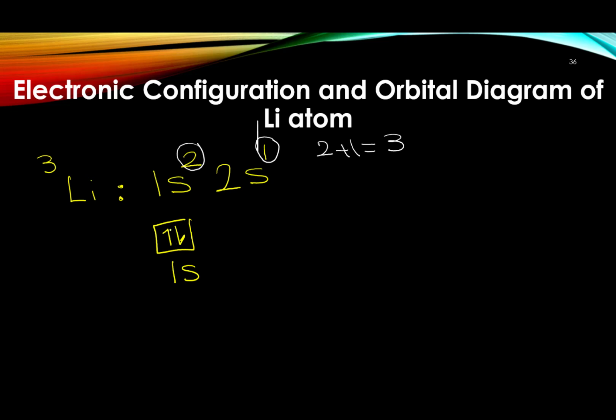Don't forget that. Now for energy level 2, 2s1. Again 2s. How many electrons are in this one? It's only 1.